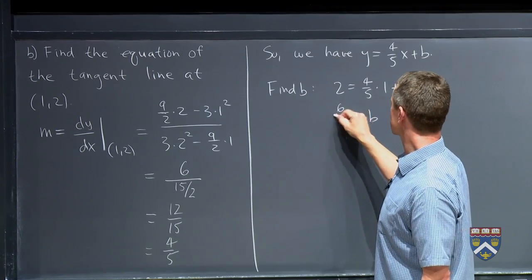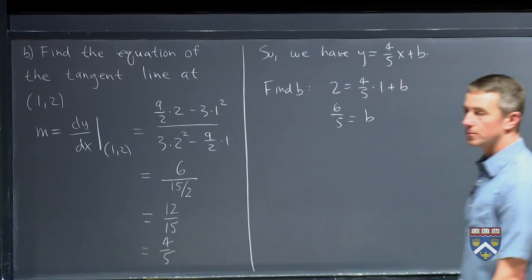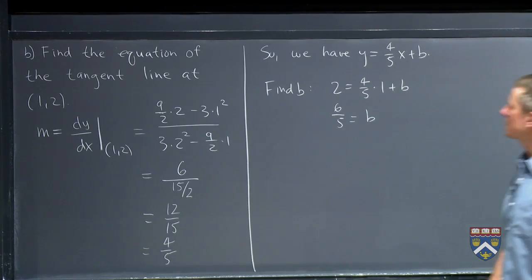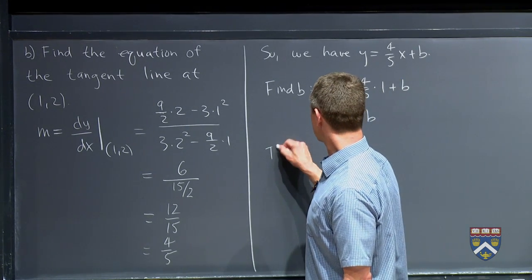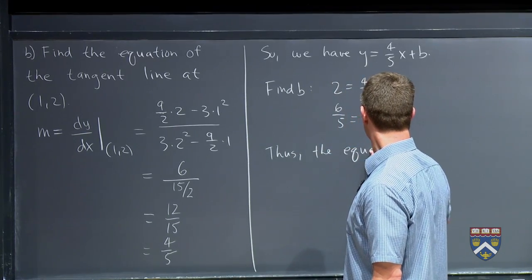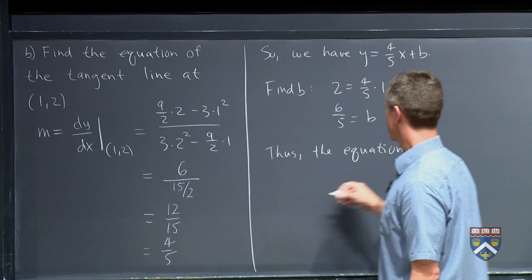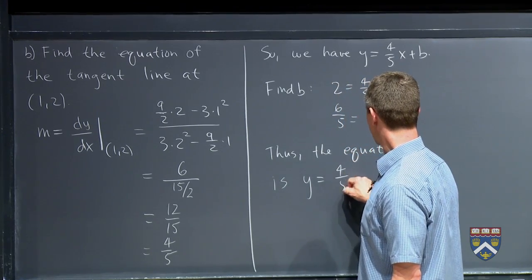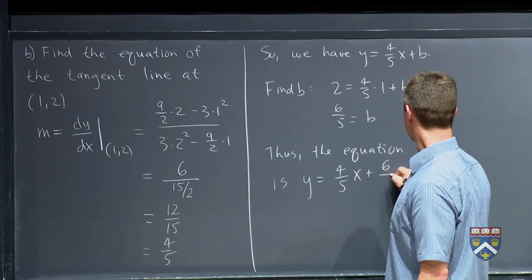So I think we get 6/5 for b when we do the subtraction there. So the equation that we're looking for, the equation of that tangent line, is y equals 4/5 x plus 6/5.